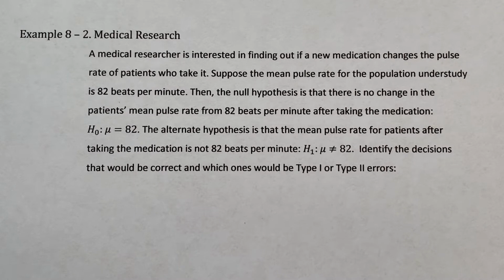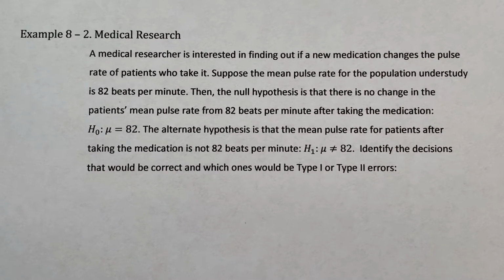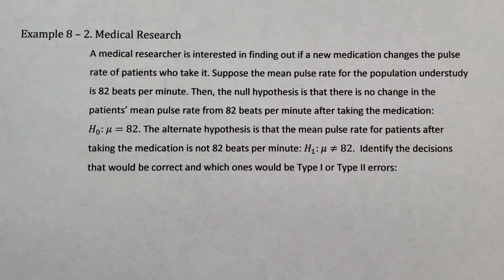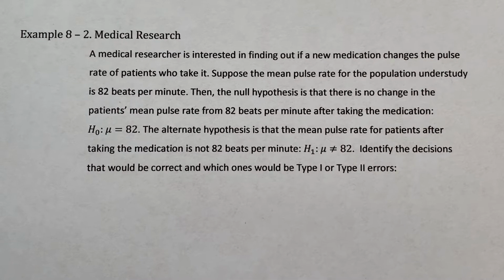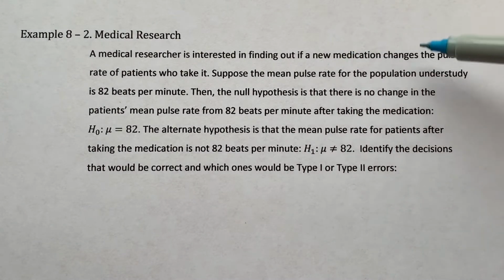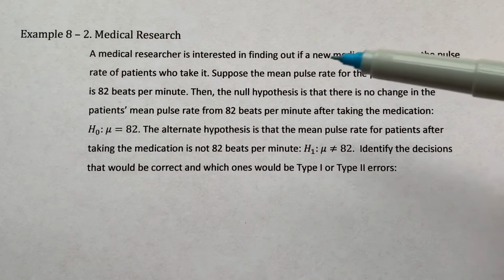Okay, let's look at an example that you need to figure out your type 1 and type 2 errors. So we have an example of medical research, and we have a researcher who is interested in finding out whether this new medication changes the pulse rate of patients who take it.